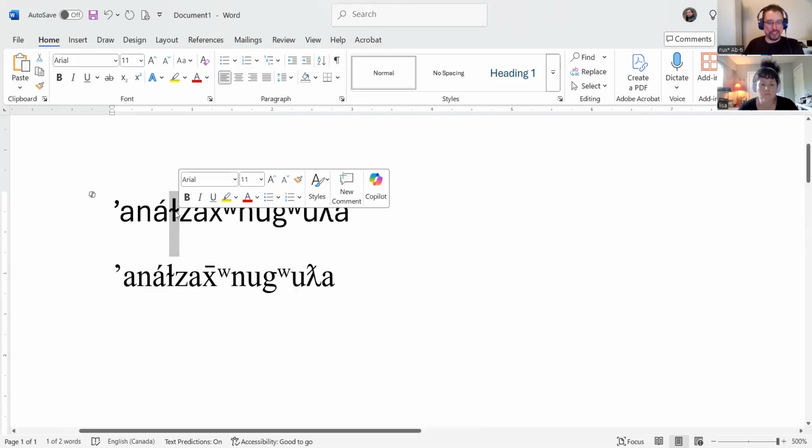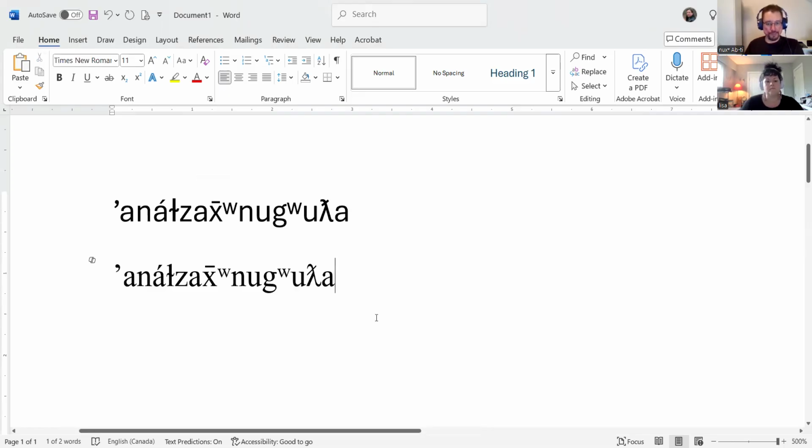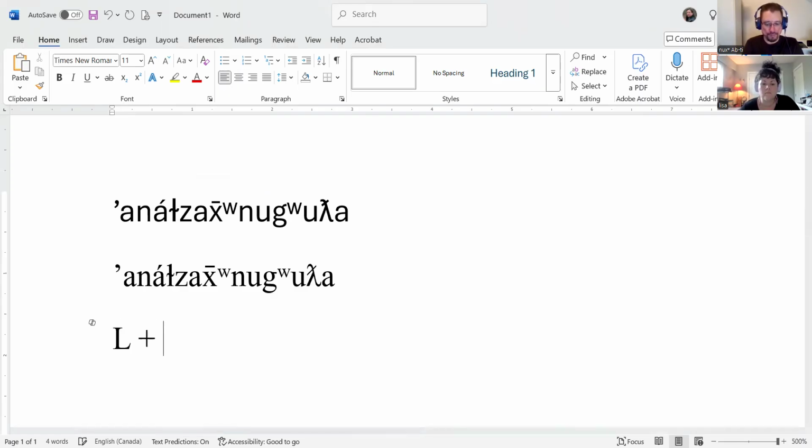That squiggly line is called a tilde. So basically, you have a lowercase l plus a tilde, and that equals, I should bring up my keyboard here, that equals a tilde L.